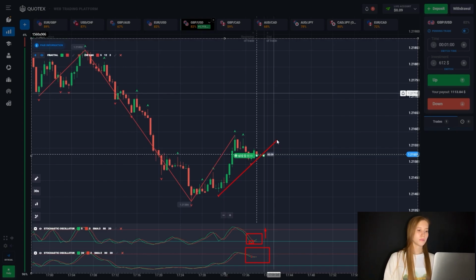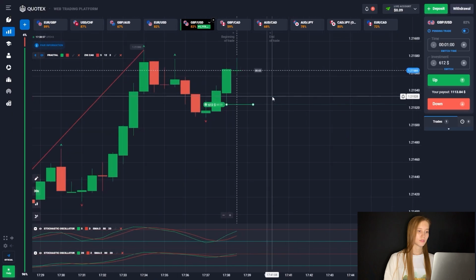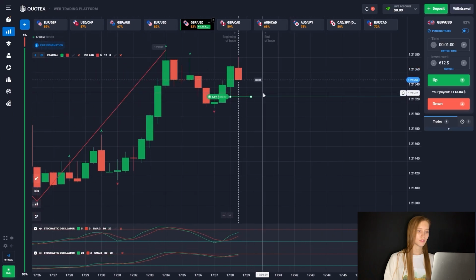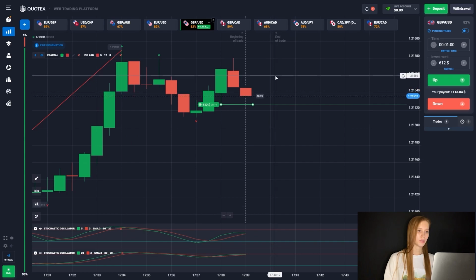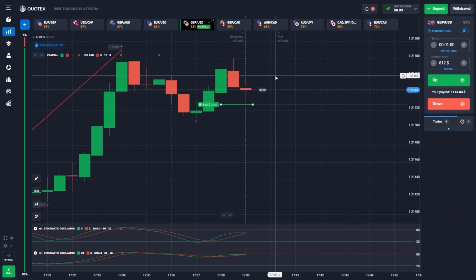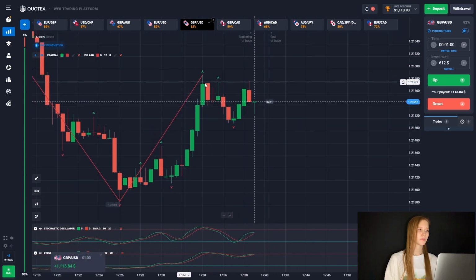So there was a reversal, and the movement should go up in direction. So let's wait for the completion of the trade. Another positive trade. Perfect.